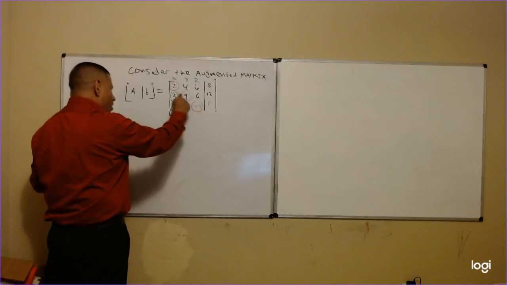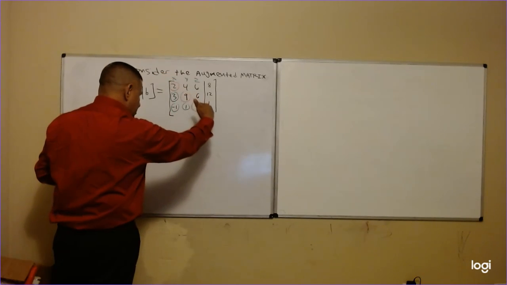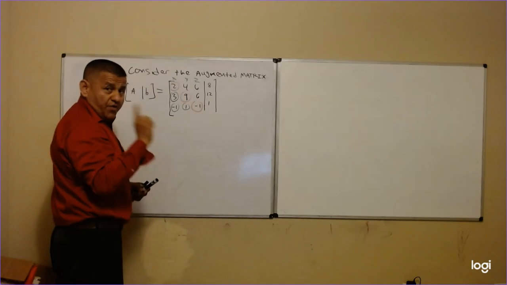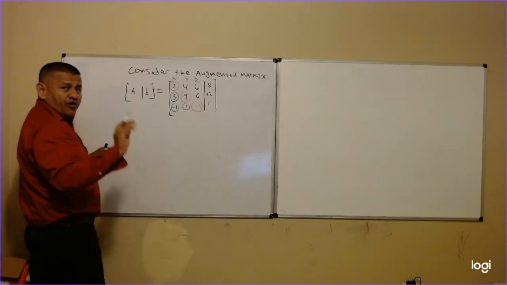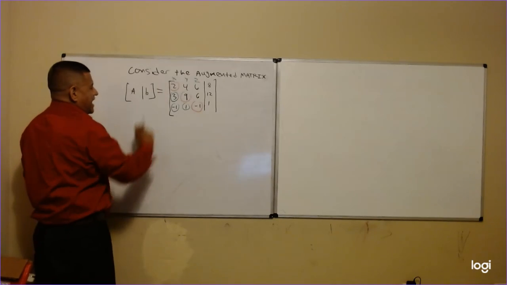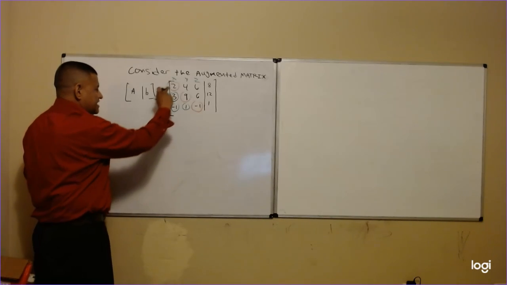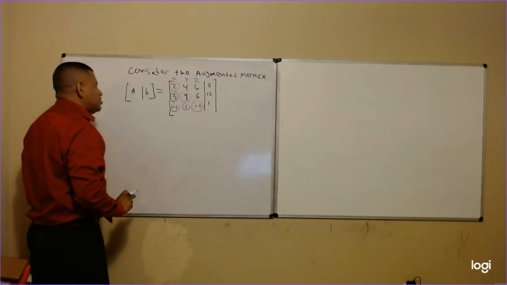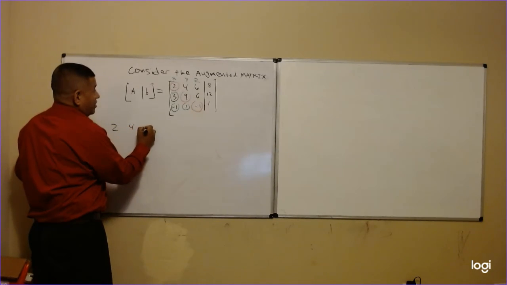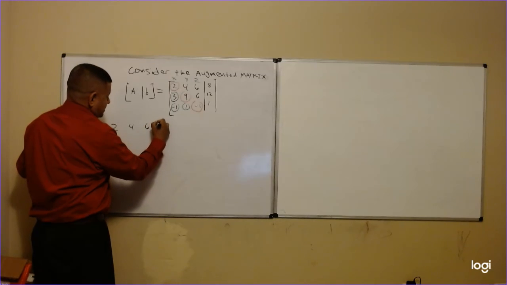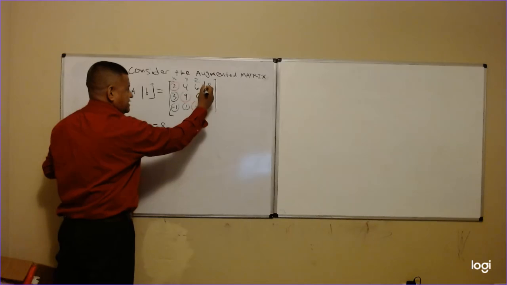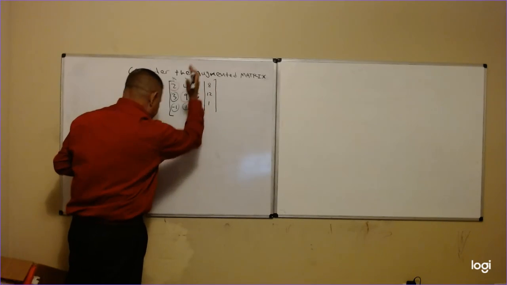I need this to be 1 so I can start doing this diagonal over here and converting those into 1s. So how do I do that? Let's divide everything by 2. So I have 2, 4, 6, and it's equal to 8. This is an equal sign in here, but I have a bar.